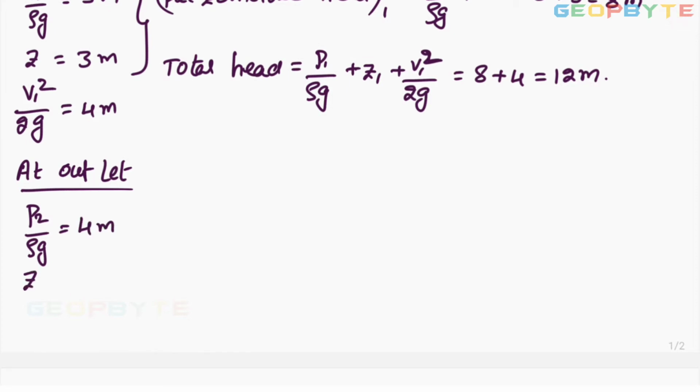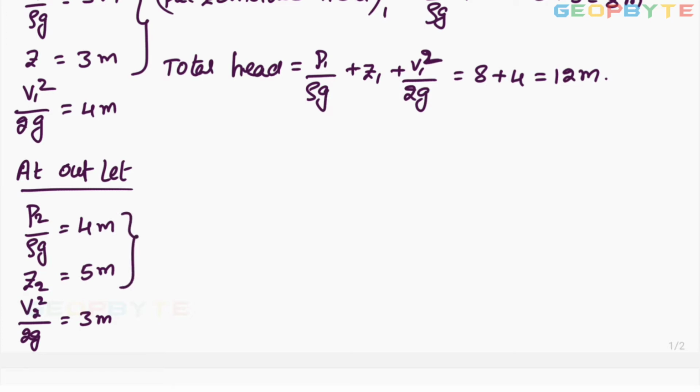Potential head Z2, let it be some 5 meters. And kinetic head V2 square by 2g, let it be some 3 meters. Because total head should remain constant according to the Bernoulli equation.